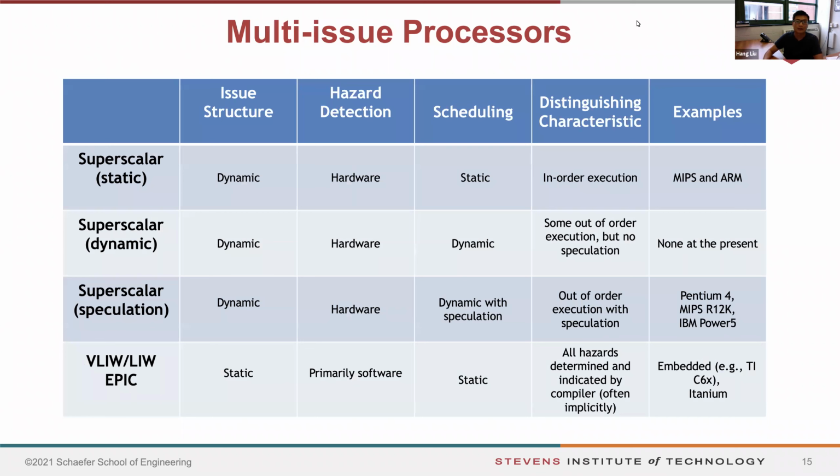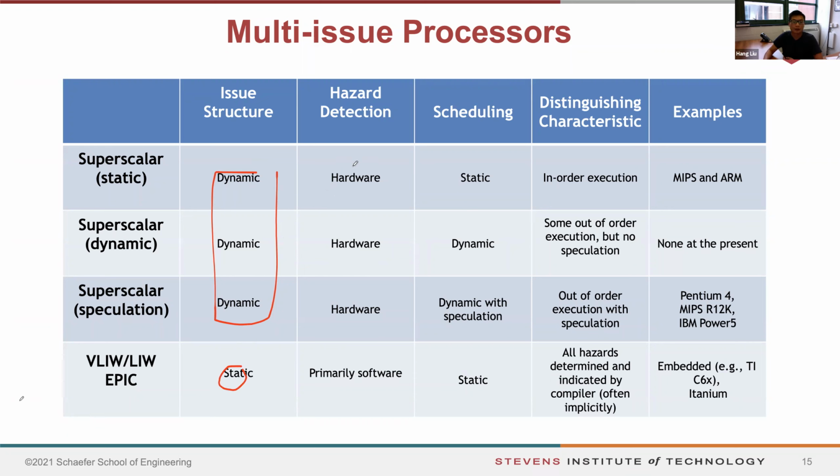So this is a simple comparison between static superscalar, dynamic superscalar, superscalar with speculation, and VLIW. We can see that for issue structure, the prior three of them are dynamic, and then VLIW is static.